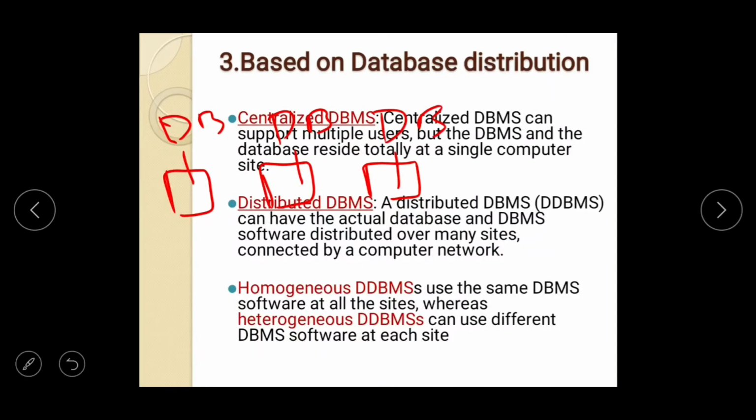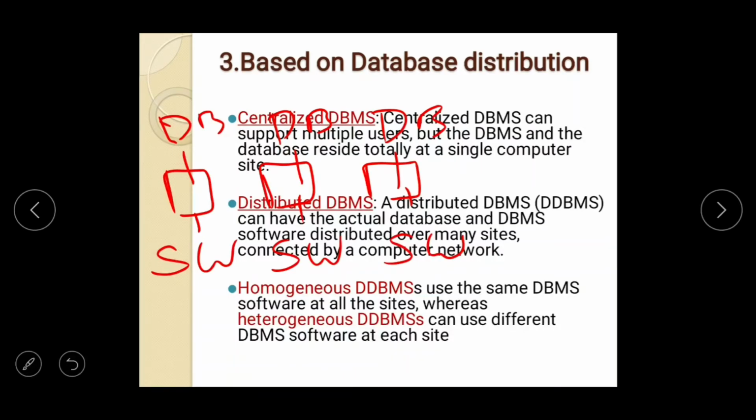This is called a distributed DBMS. Clear? Now, homogeneous distributed DBMS means it uses the same DBMS software at all the sites. The database is split across all the systems, but all have the same software.